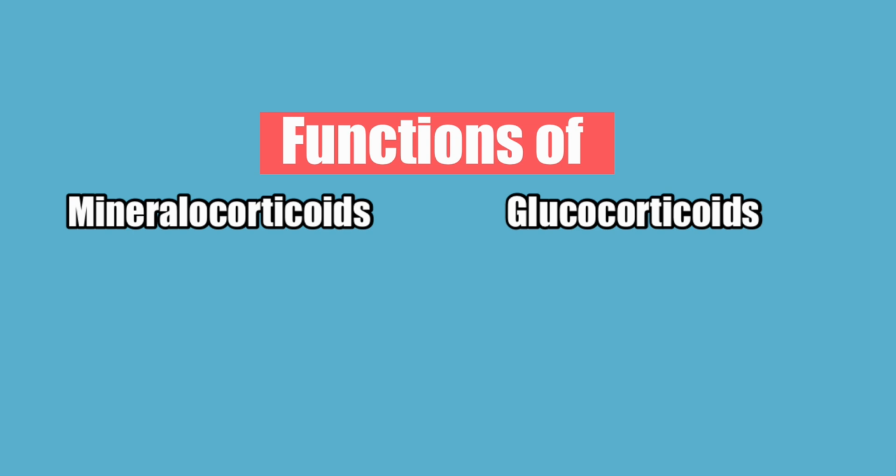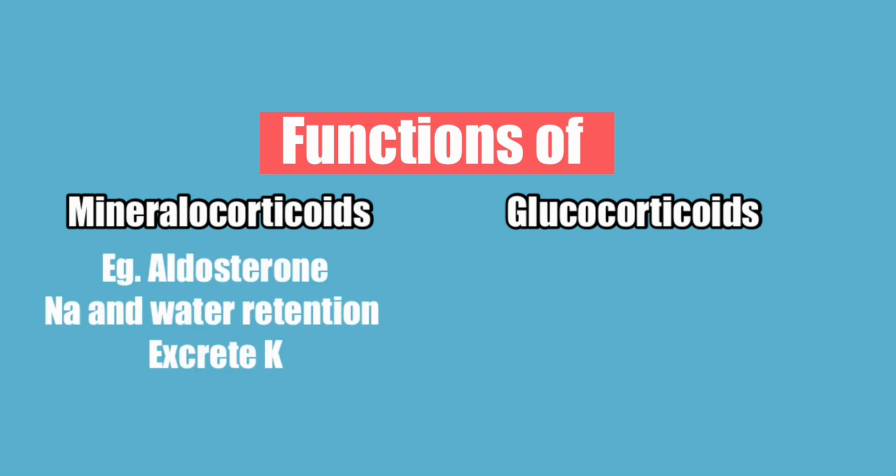Mineralocorticoid, that is aldosterone, helps in sodium and water retention. At the same time it excretes potassium. So basically the word mineral suggests that it has to do something with the important minerals in our body. On the other hand, glucocorticoid is an anti-inflammatory corticosteroid. It increases in stressful conditions and helps the body to fight against the stress, and also it has anti-inflammatory action.